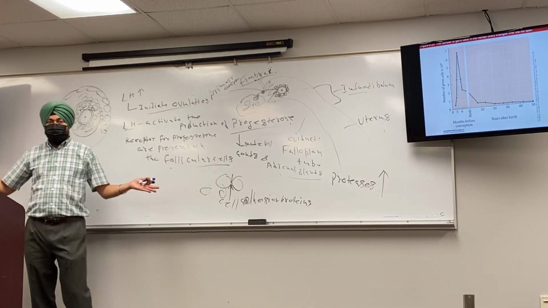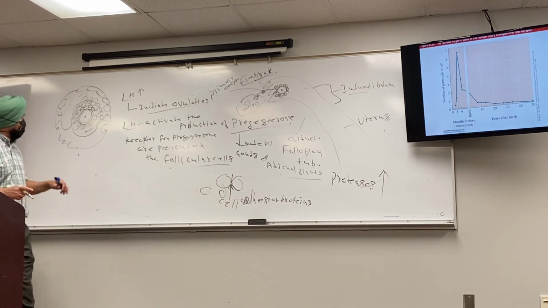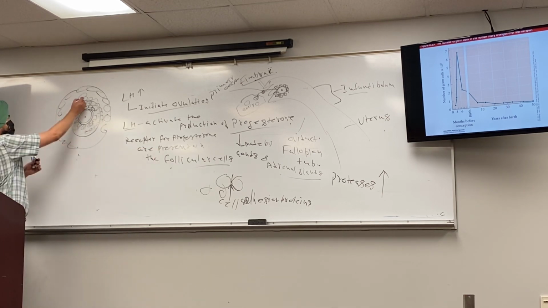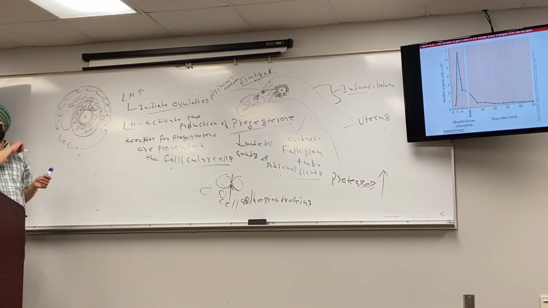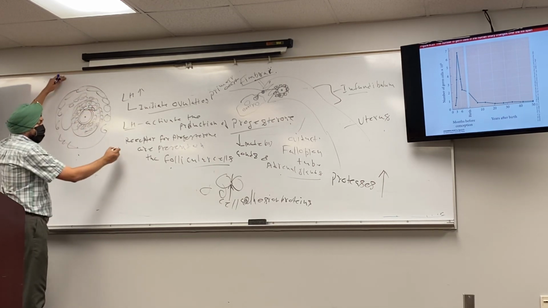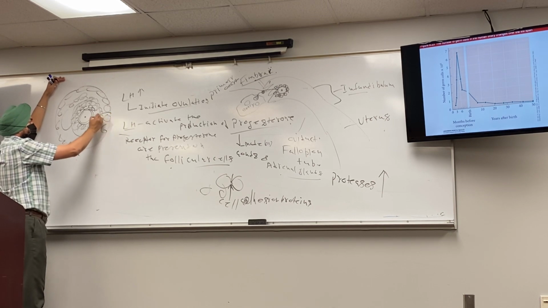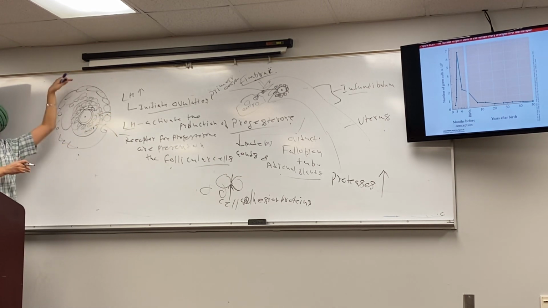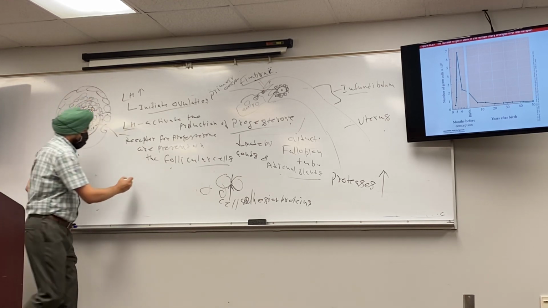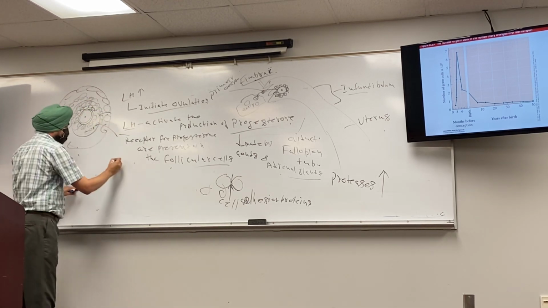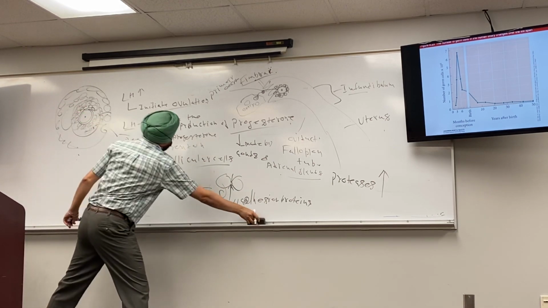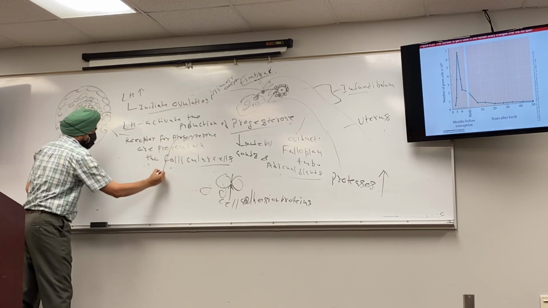Right? So the receptors for progesterone are present on these cells right here. All these cells have the receptors. Okay? So what happened? Luteinizing hormone comes to these receptors, and they do two things. Luteinizing hormone activates progesterone. Progesterone does two things.